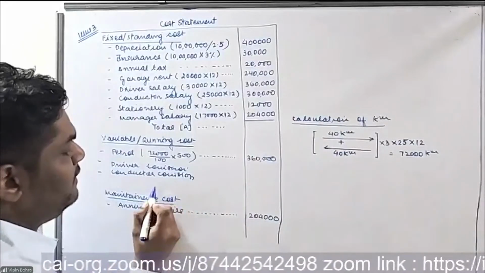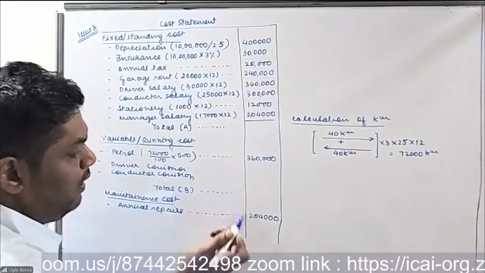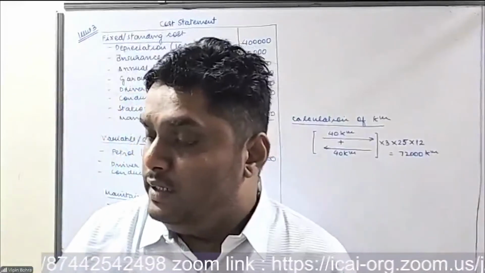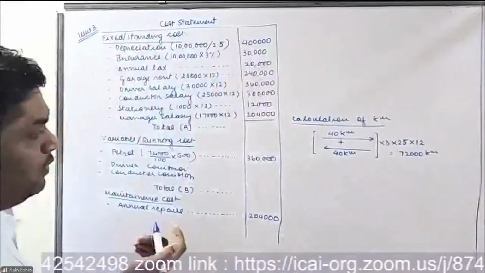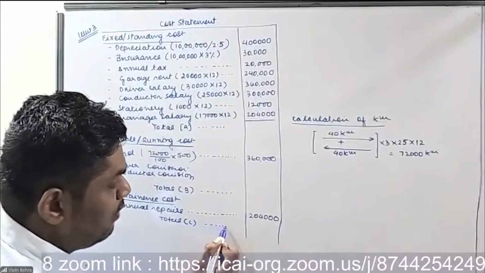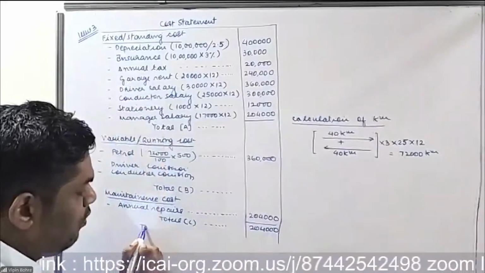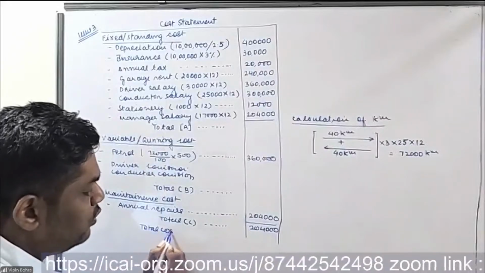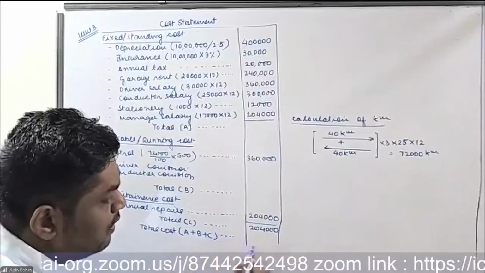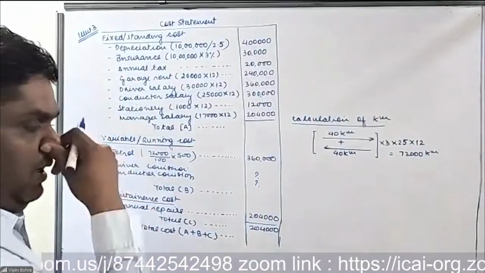So this is how we will get the total B. And I think there are no more variable and maintenance cost. So this 2,04,000 will be my total C. So the total cost will be A plus B plus C. Now this information is missing, that is the driver and the conductor commission.